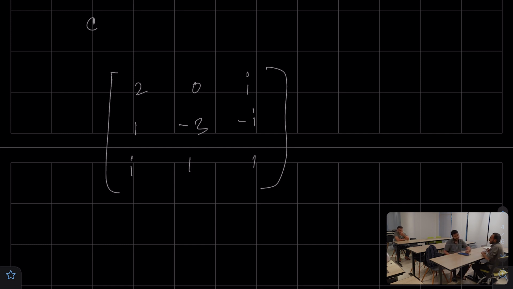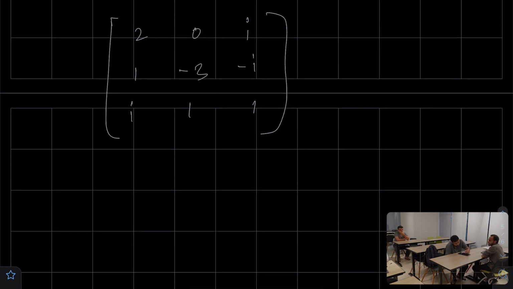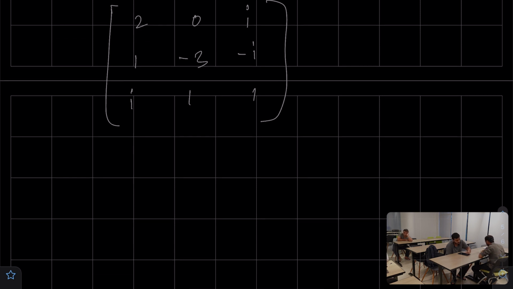So he asked to find the row reduced echelon matrix of this matrix. Can you work this example out? For the first row, what are you going to do? We divide by this. The first row will then be 1, 0, i over 2, right?